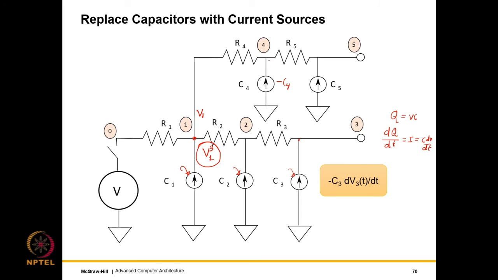So this voltage is primarily because of this capacitance, dV4 by dt. So this is the current I, and I times R1 is essentially the voltage that will be there at terminal 3 because there is no current flow along this branch.